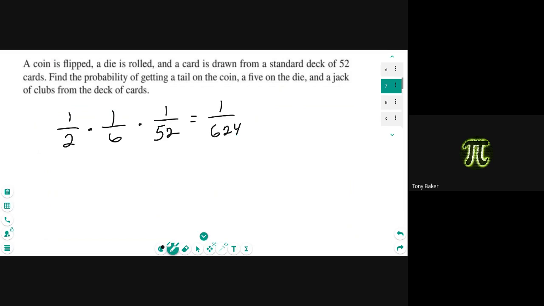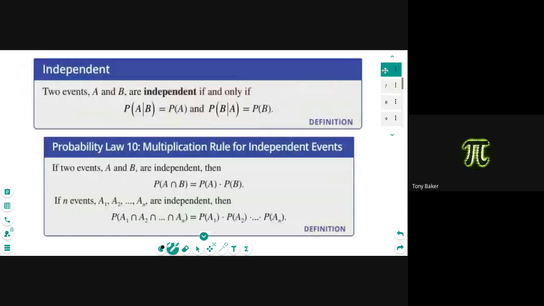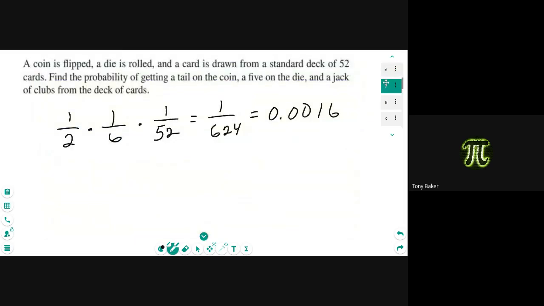Or if you want it as a decimal, that's it as a decimal. That's all that rule said. See, it's much easier when I actually do out a problem and show it to you.